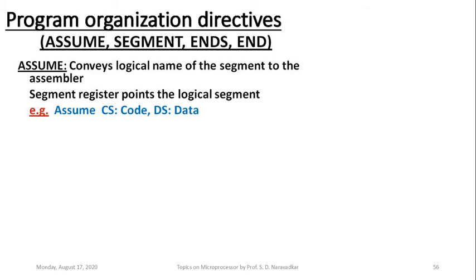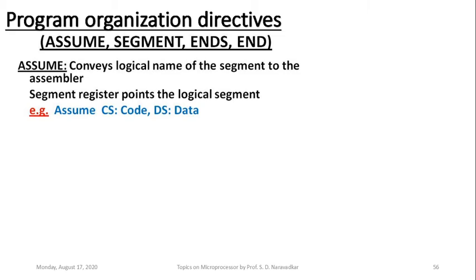So here first of all, ASSUME. What this particular ASSUME assembler directive does is convey the logical name of the segment to the assembler. Okay, always that segment register points to the logical segment, of course. The example given here is ASSUME CS:code, DS:data.